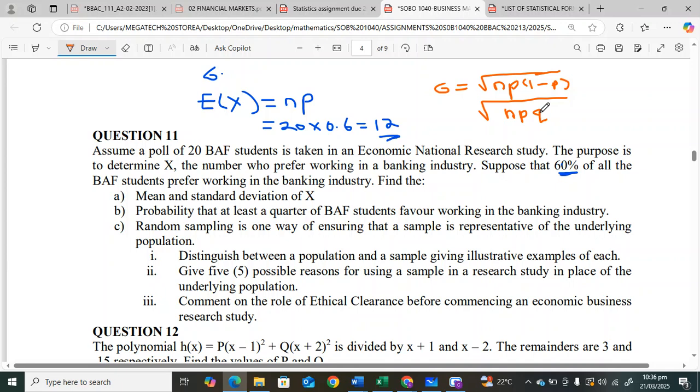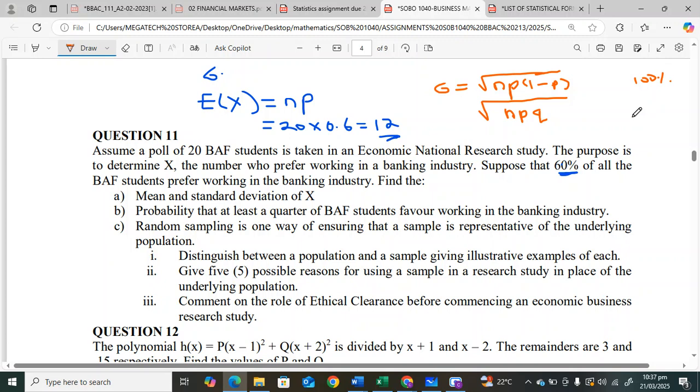So if the probability that students prefer working in the banking industry is 60%, what is the probability that students don't prefer working in the banking industry? If total percentages add up to 100%, what is that probability? 0.4 or 40%.